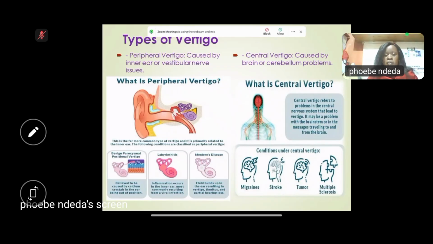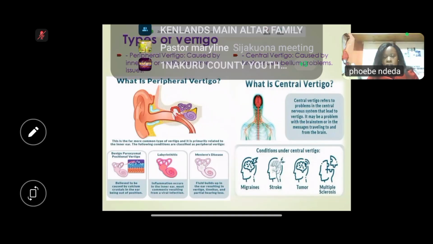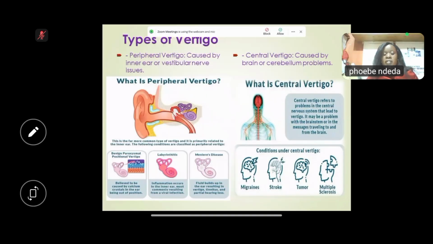And as you can see on your screen, there are so many types, but we have two major ones. One is peripheral vertigo, caused by inner ear or vestibular nerve issues. The other one is called central vertigo, and this one is caused by problems with your brain or your cerebellar issues.